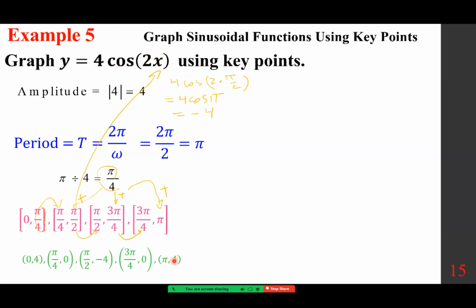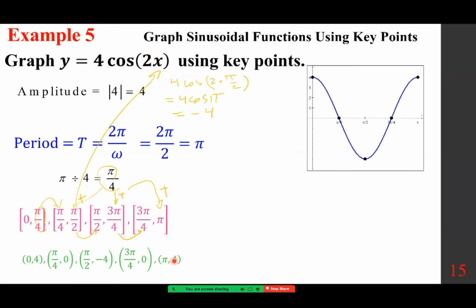So plot 5 pairs. This is 1, this is 2, this is 3, this is 4, this is 5, put them together. That's all you have to do. This is a complete cycle, everybody.